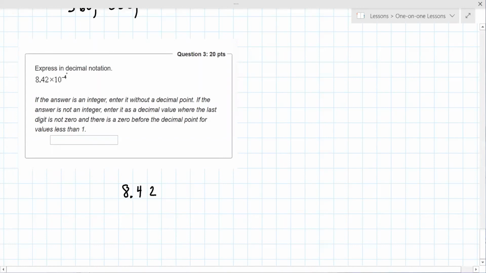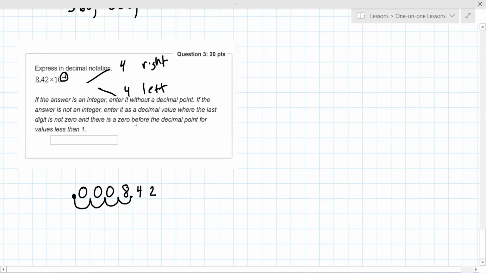Now, -4 means you're either moving 4 right or 4 left. In this case, we're going to move 4 left: 1, 2, 3, 4, and you put a decimal there. You fill in those positions with zeros. I didn't understand what the next part was that they wanted me to do.